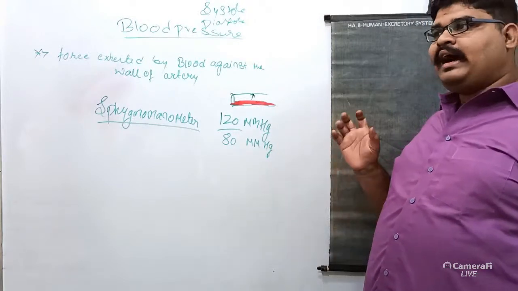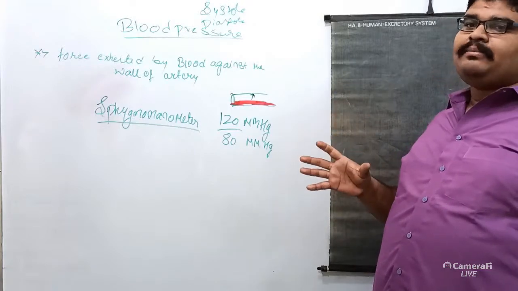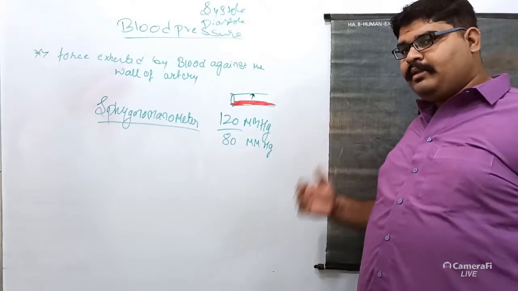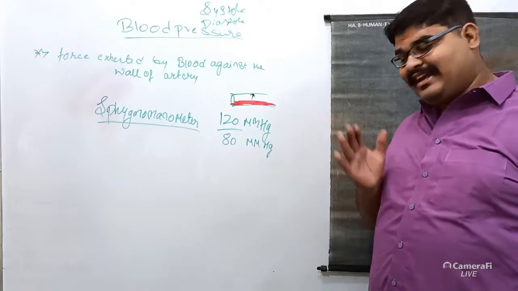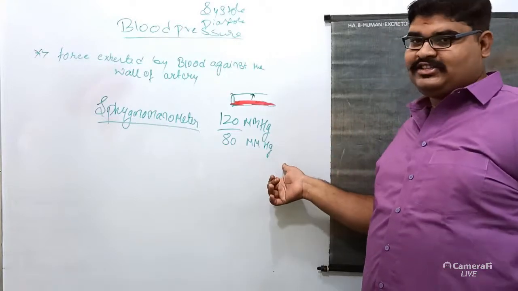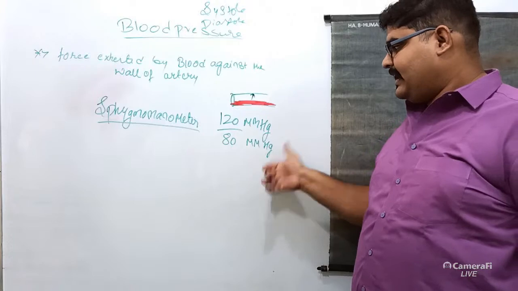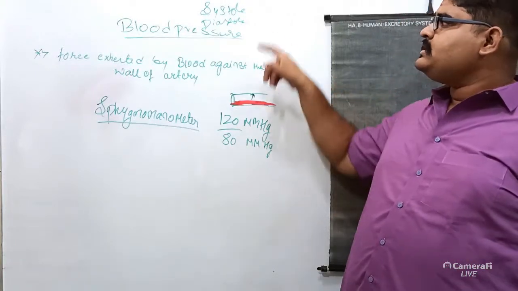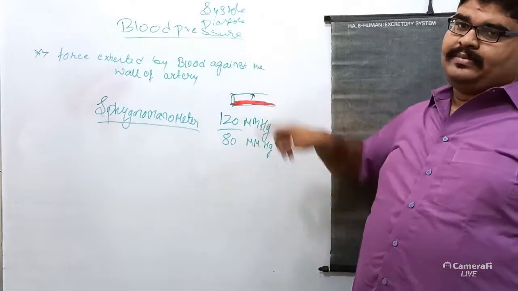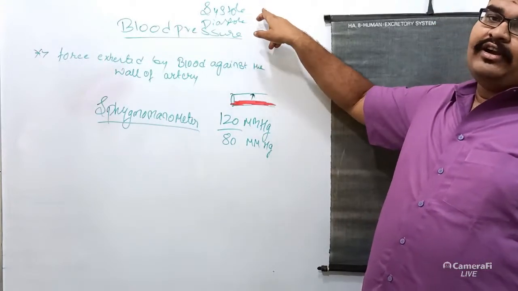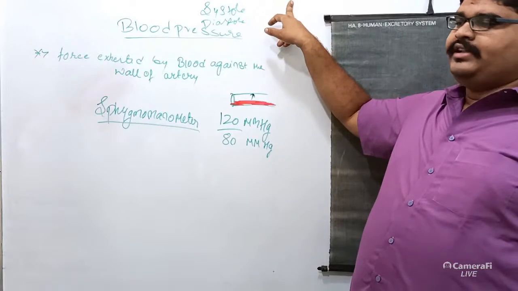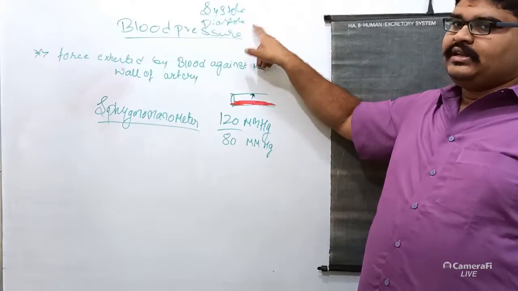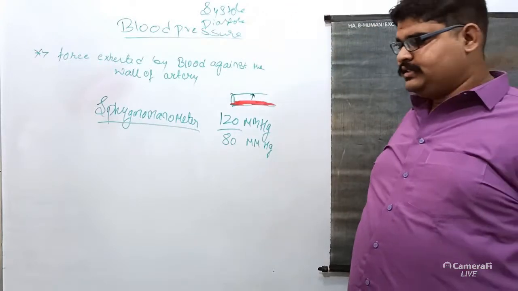When the heart is not pushing, the blood pressure is still maintained, and the minimum pressure maintained when the heart relaxes is 80 mmHg. So these are the different types of blood pressure: systolic pressure, with an optimum of 120 mmHg, and diastolic pressure, with an optimum of 80 mmHg.